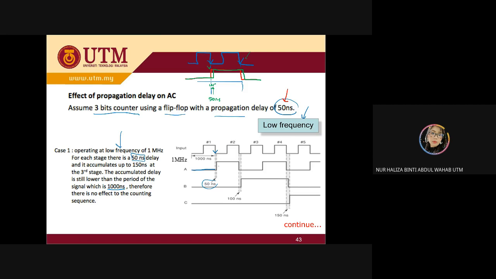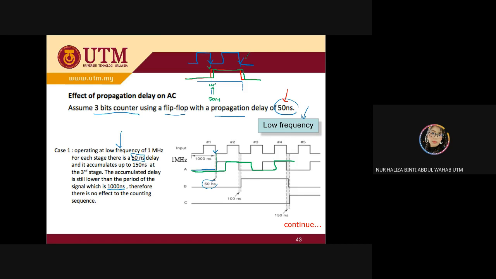For the delay, sometimes it's going to affect your value if the delay is too big. Let's say you have a delay which is too big here, then suddenly you change at this part and you change at this part, which is supposed to be you need to change here, right?